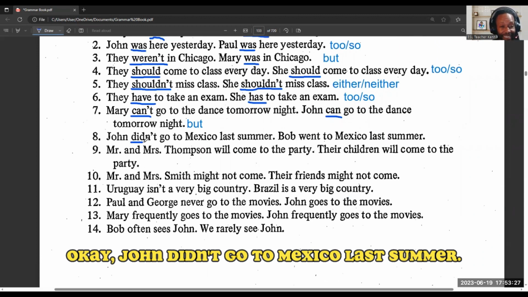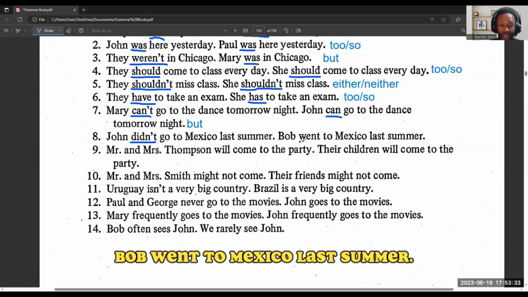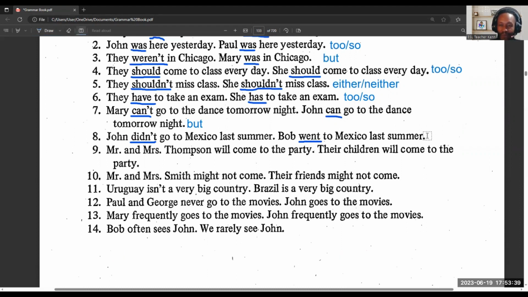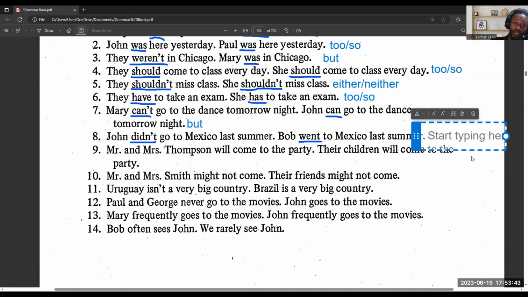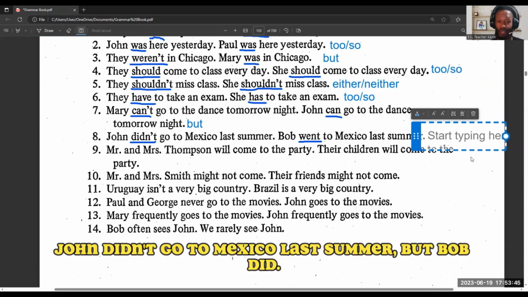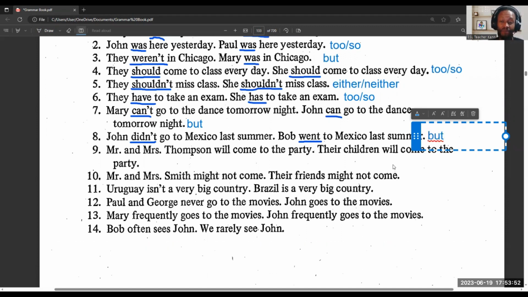John didn't go to Mexico last summer. Bob went to Mexico last summer. John didn't go to Mexico last summer, but Bob did. Okay.